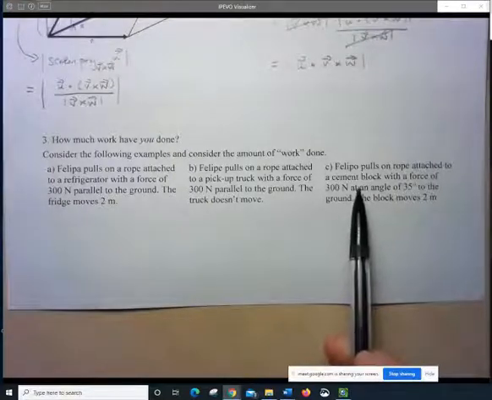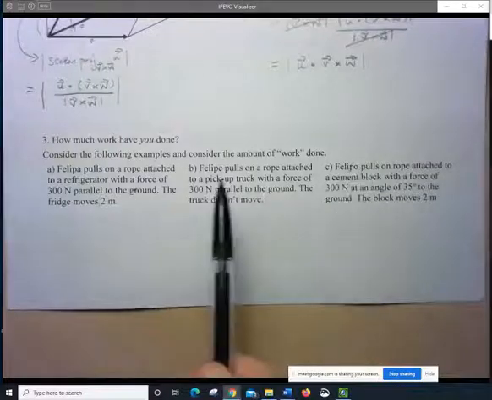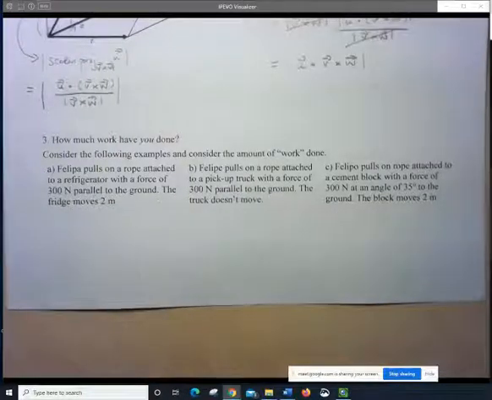Ah, he has. Okay, so who's going to tell me what's the difference between what's happening in A and C and what's happening in B? So what is the main difference? Okay, because all we talked about is whether they did work or not. We'll talk about how much work they performed. Okay, so we see that in A and C there's displacement, and in B there's none.